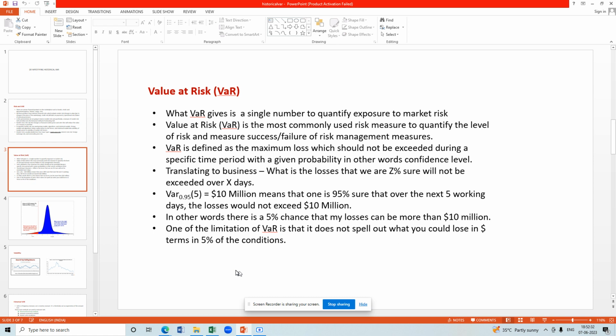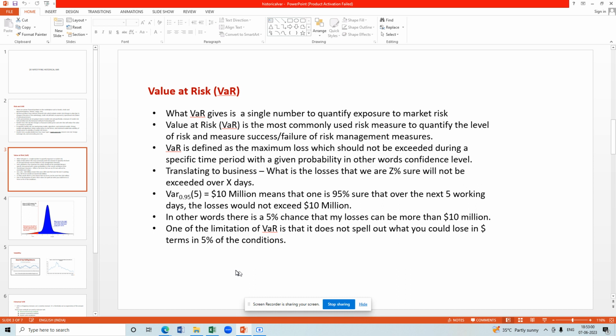So, how does this translate into literals? If you see the point down, which is VaR 0.95, with 0.95 being the subscript, and in parenthesis 5, equal to $10 million, it means that one is 95% sure that over the next 5 working days, the losses would not exceed $10 million.